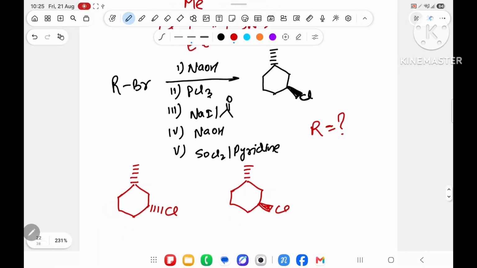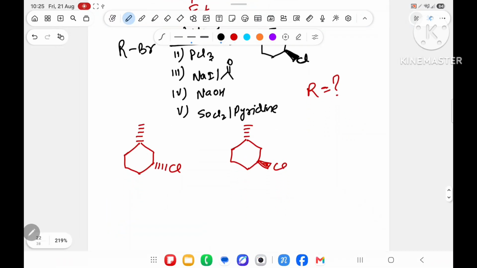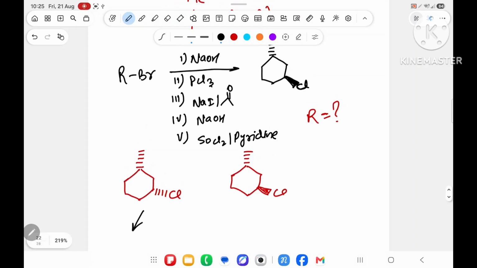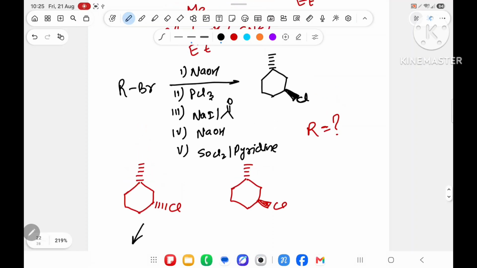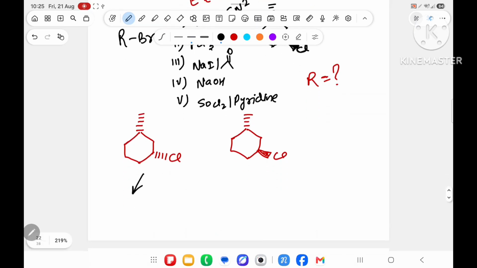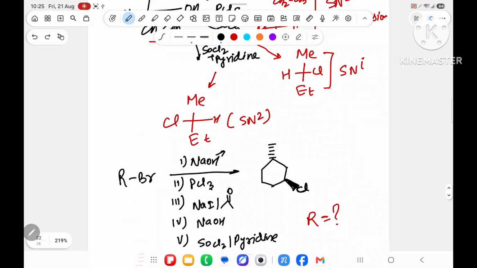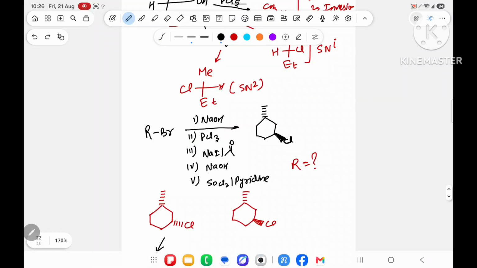Now I am going to react this with each and every reagent. I will react with NaOH. NaOH with a 2 degree halide will do SN2. So what happened? This dash will convert into base.